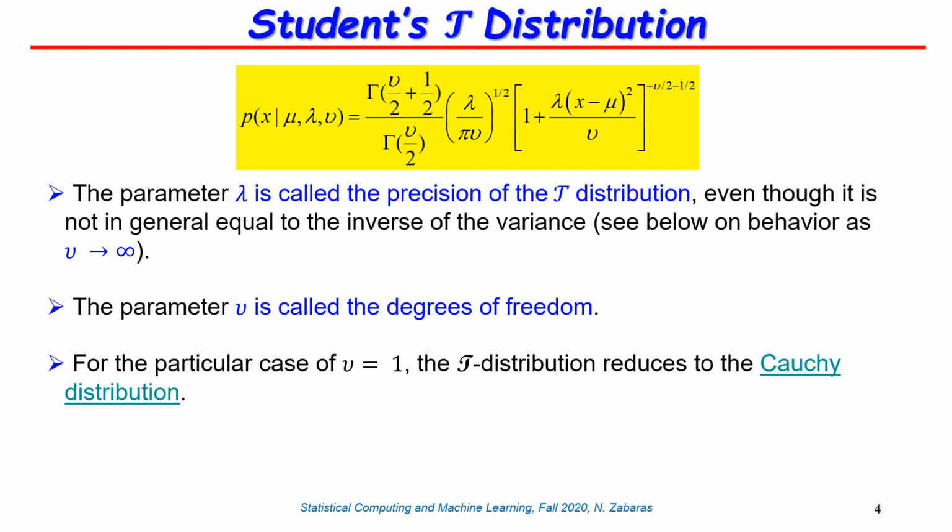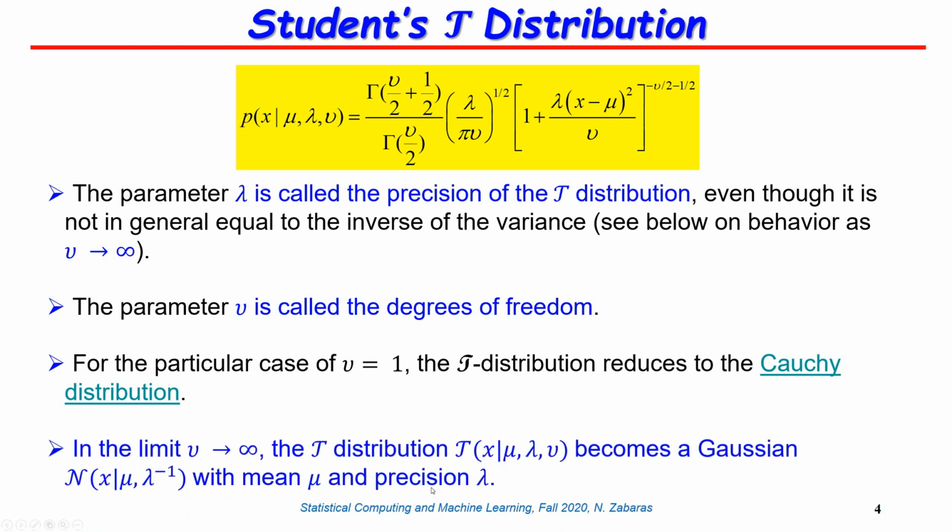A more important property is that as nu goes to infinity, the student T distribution becomes a Gaussian distribution with mean mu and precision lambda, and so you can see why people call lambda in the student T distribution the precision, because at least asymptotically it does become the precision of the Gaussian where this distribution converges to.